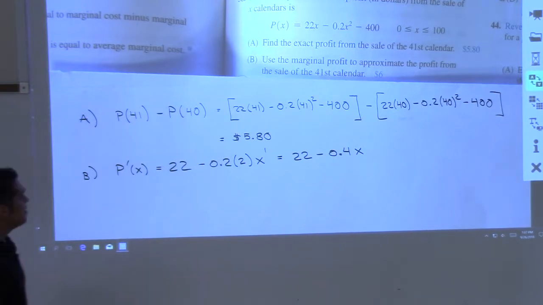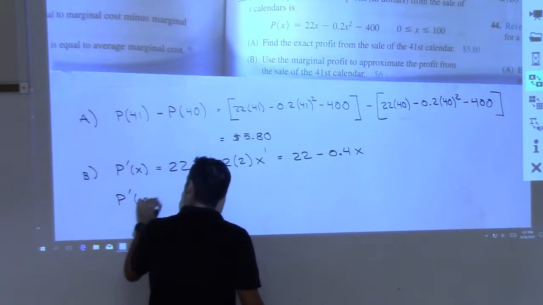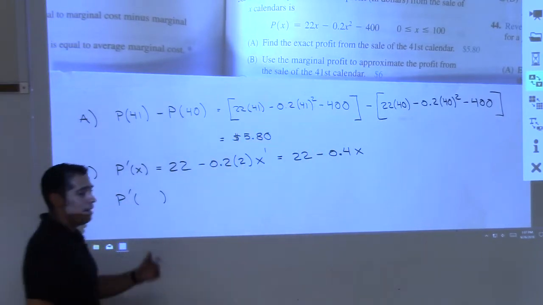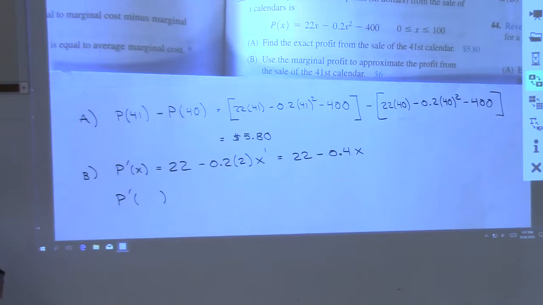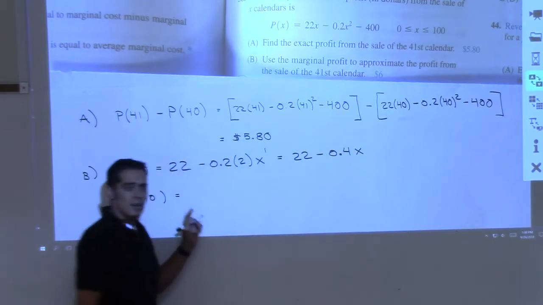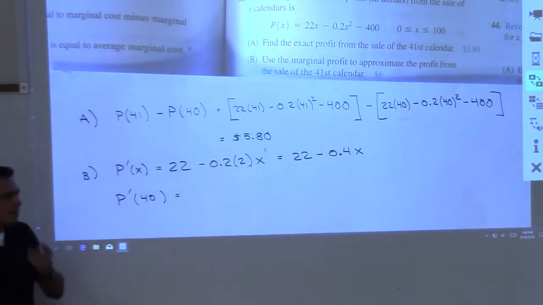All right, so that's not the answer to part B, right? What's the answer to part B? We have to go P prime, and what are we plugging in? 40. 40, not 41. Because when you do the marginal and you're looking at the approximate for the 41st calendar, you actually go back to the 40th calendar. Do you see how that's a common mistake on the test? People will go P prime of 41, right?